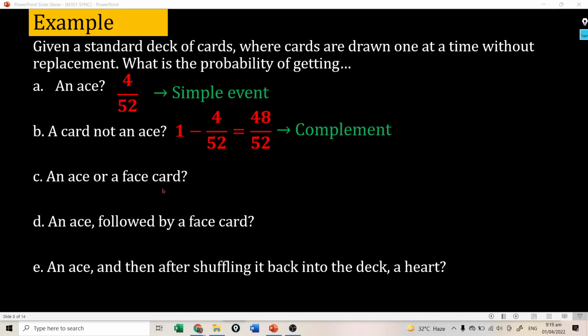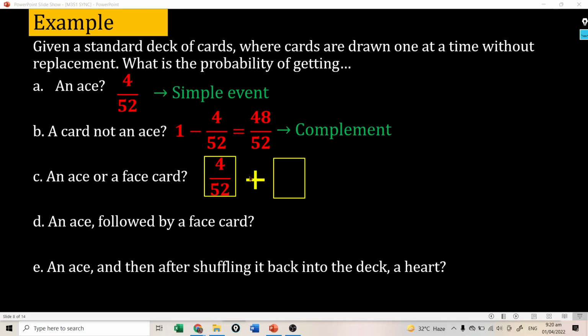Now, how about an ace or a face card? Again, how many aces are there? You can look at it as 2 events. What's the probability of getting an ace? Sabi natin kanina, 4/52. How about a face card? How many face cards are there in all? Per suit, remember, there are 3, king, queen, jack. And there are 4 suits.